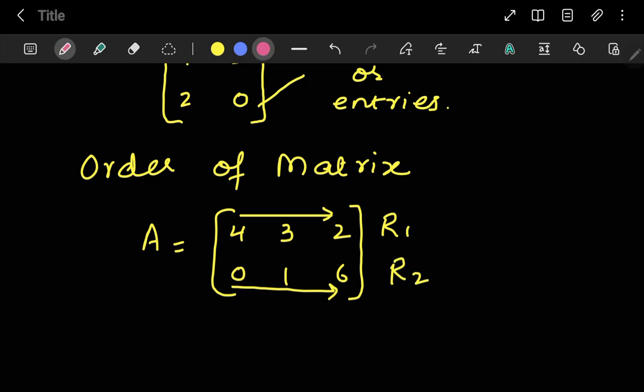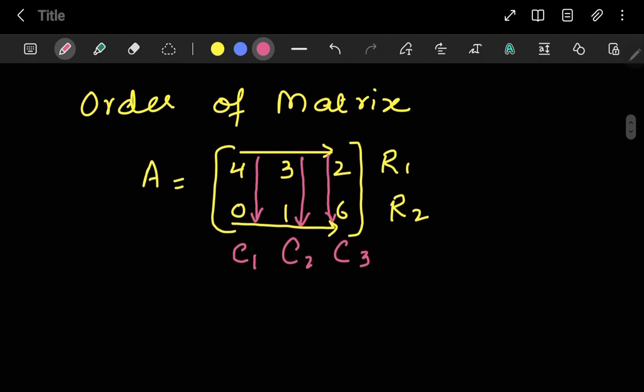The numbers from up and down, for example 4 and 0, are in columns. So it is indicated as column 1, 3, 1 is column 2, and 2, 6 is column 3.